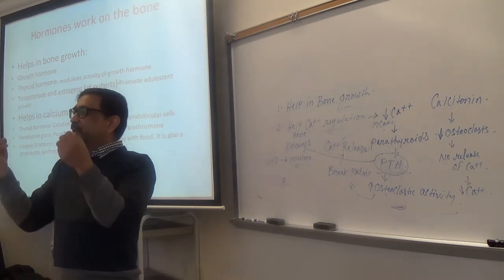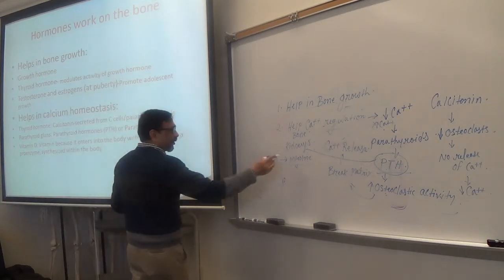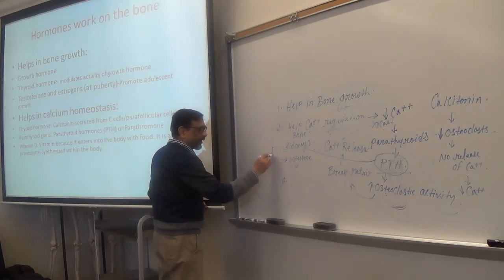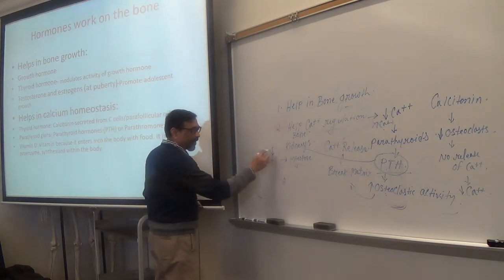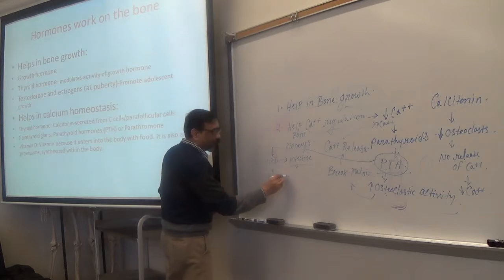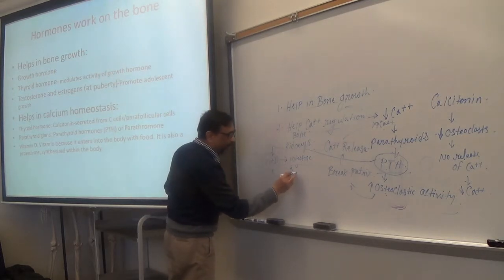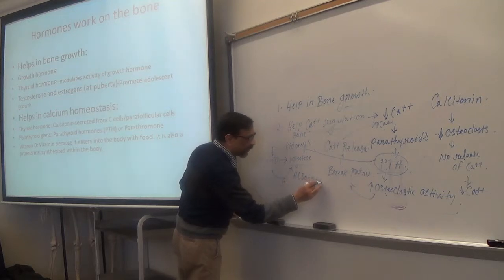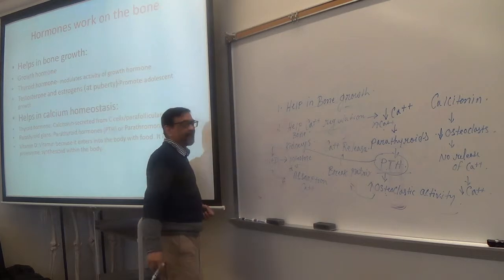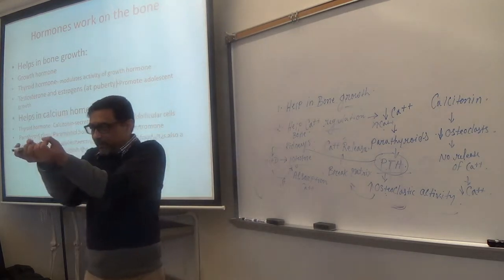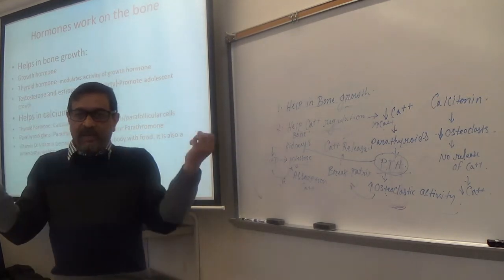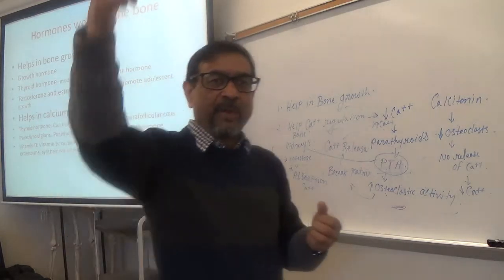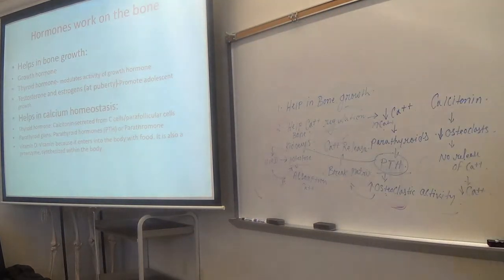Now, parathyroid hormone activates the vitamin D more. So, more vitamin D will work on the intestine and will absorb the calcium from the food you eat. That means from the food, more calcium will be absorbed into the blood. So blood calcium will go up. Okay?